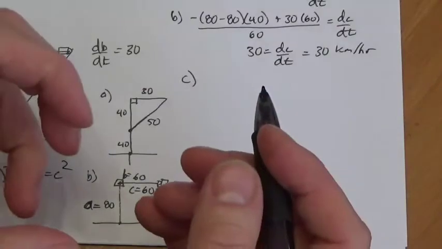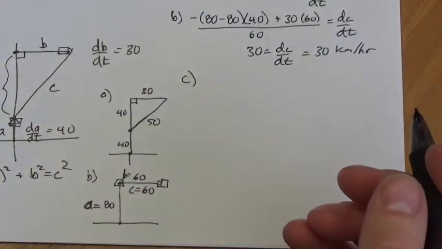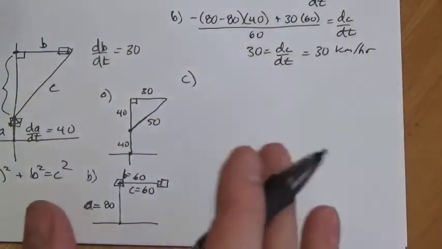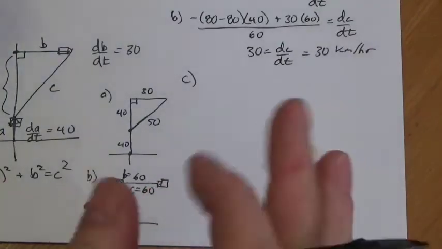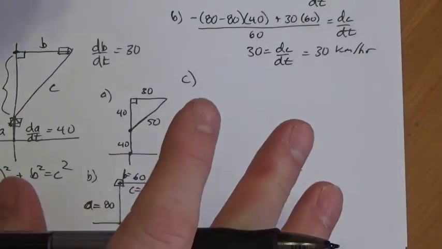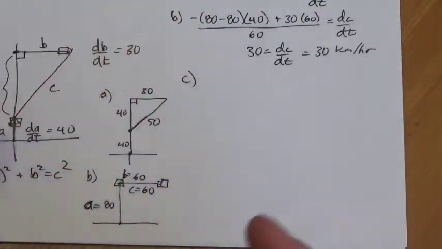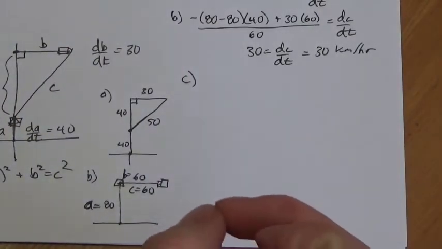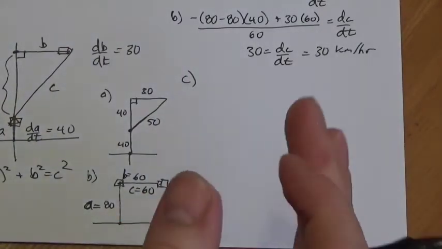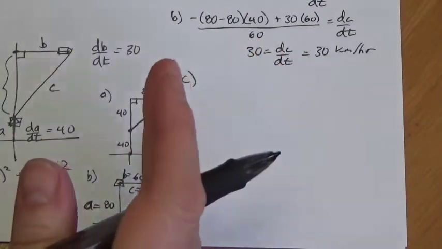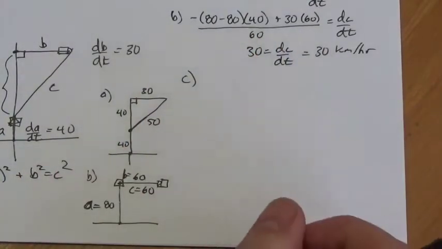It went from a negative value to a positive value. Now I want you to think about that. If you've got a variable here that's transitioning from a negative value to a positive value, at some point in time it must hit 0. That's the boundary between a negative and a positive.